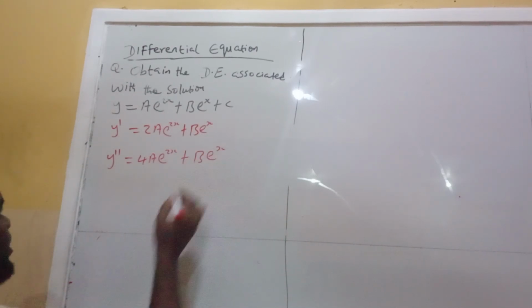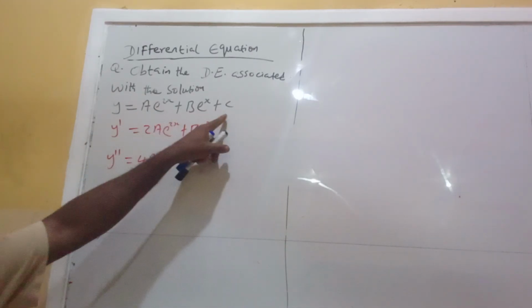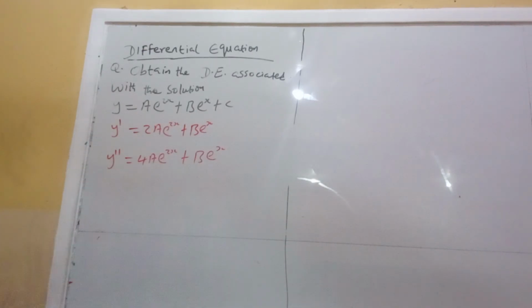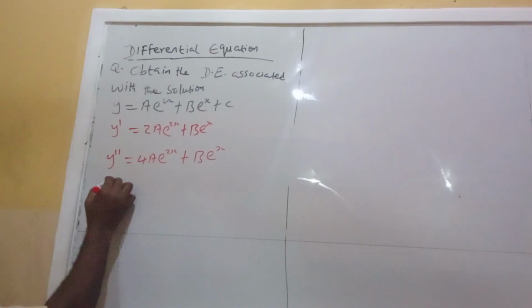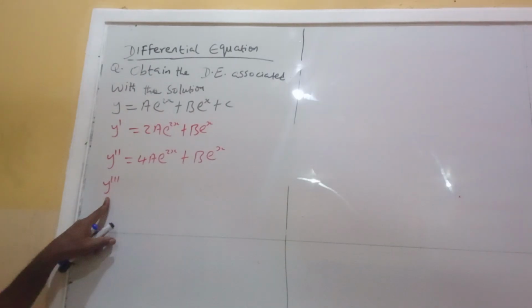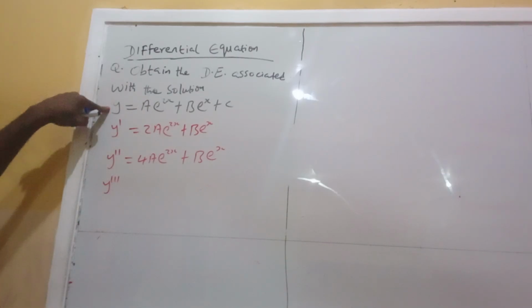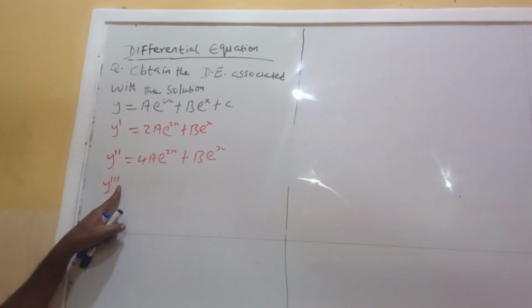Differentiate this again, it's going to give us B exponential x. Okay, so we're going to differentiate it up to 3 times because we have 3 arbitrary constants. So taking this, we're going to have y prime prime prime. This simply means d3y over dx cubed. It means that we're going to differentiate y up to 3 times.